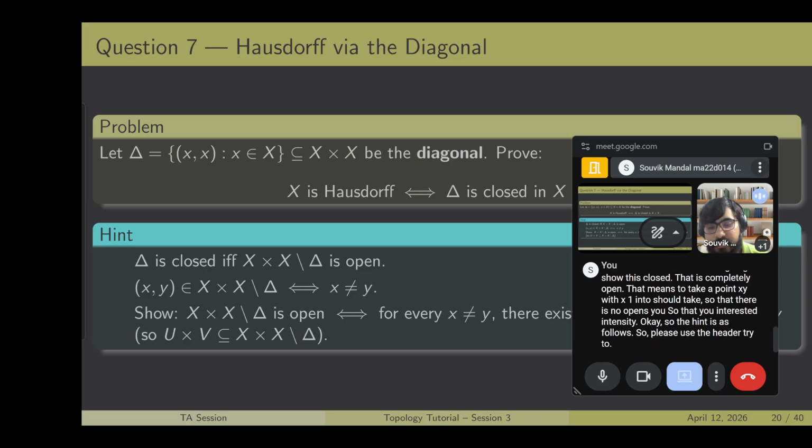So please use the hint and try to solve it by yourself. Will anybody do it?